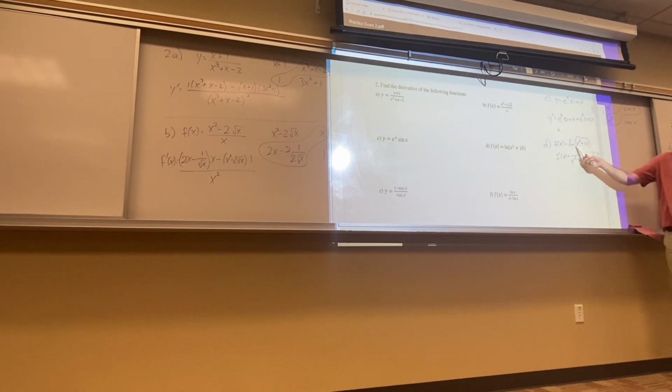Anything inside of here more than that, even if it's just the x squared, we have to do the chain rule on it. And what would be the chain rule for that? We would go 1 over the junk, and then the derivative of it. So it doesn't matter what that junk is, it's just 1 over that junk, and after you're done with that, you multiply by the derivative of the junk.